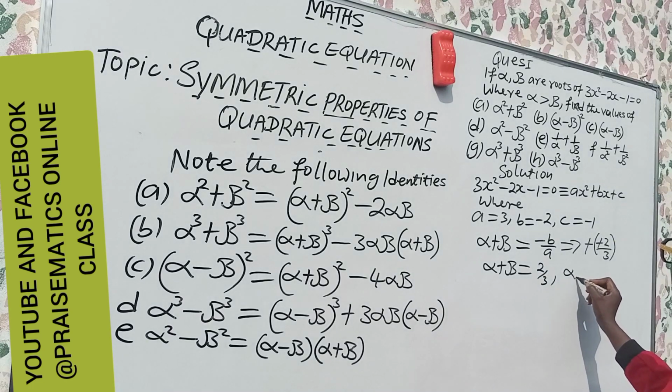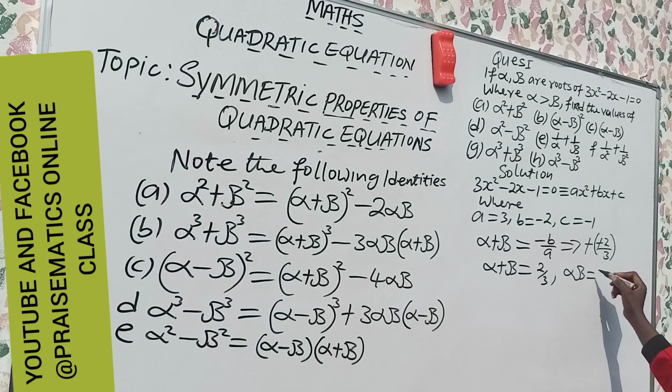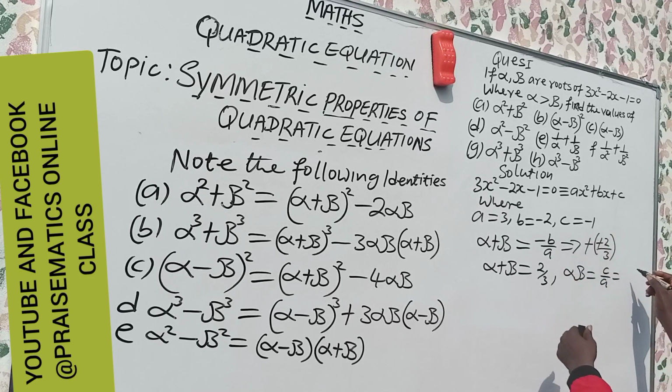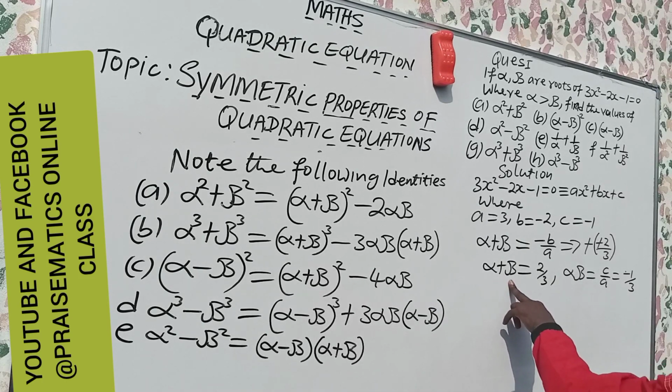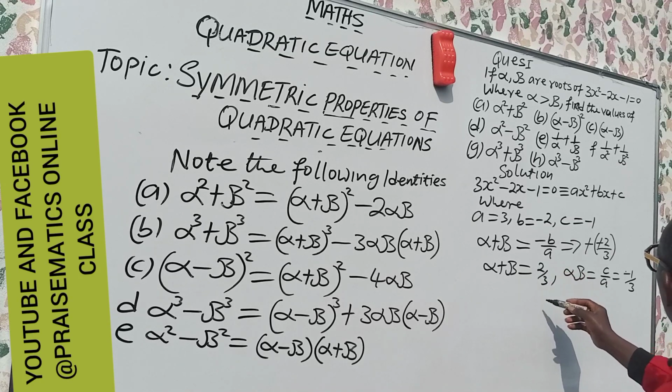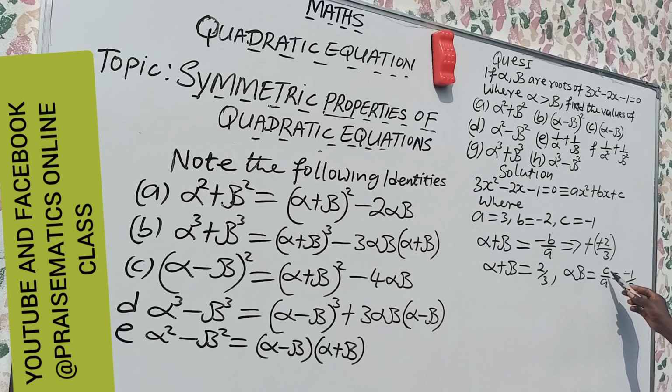Now, you always remember that alpha beta is equal to c over a. And our c here is minus 1 over a, which is 3. So the sum of the given roots, alpha plus beta, is 2 over 3, while the product of the given roots, which is c over a, is equal to minus 1 over 3.